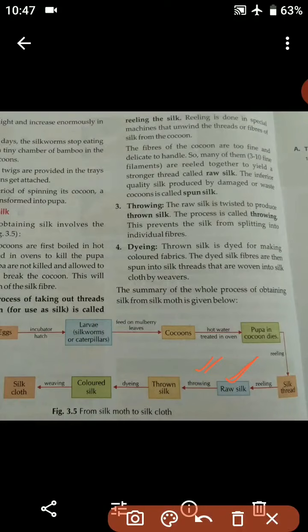In this process, the raw silk is twisted to produce thrown silk. After the production of thrown silk, the next process is dyeing, where the thrown silk is dyed to produce colored silk. And this colored silk is finally woven into silk cloth.